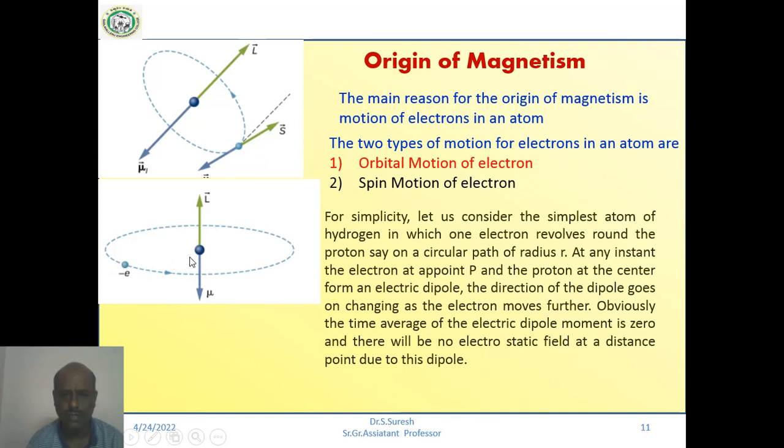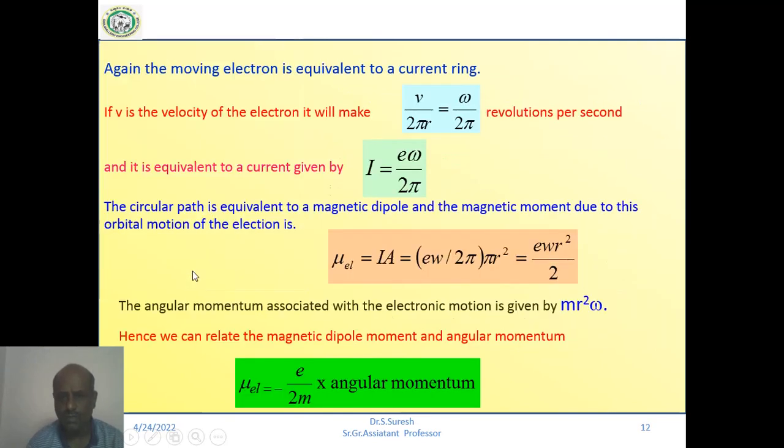This creates an electric dipole, and its direction keeps changing as the electron moves further. Now, a moving electron is equivalent to a current ring, because the orbit acts like a closed loop, and inside the closed loop the electron is revolving, so it is equivalent to a current ring.